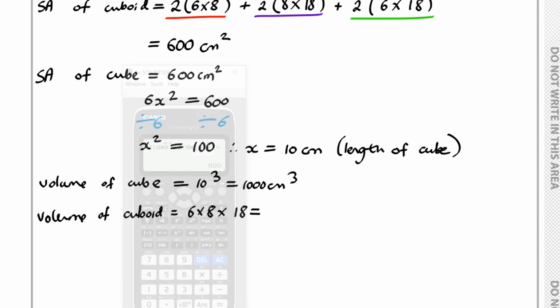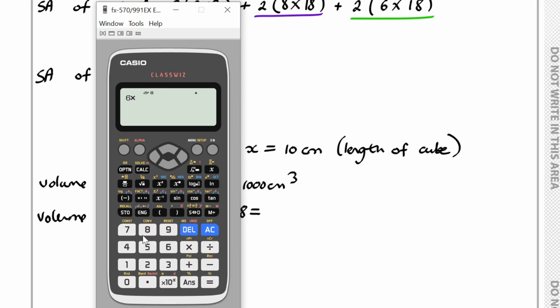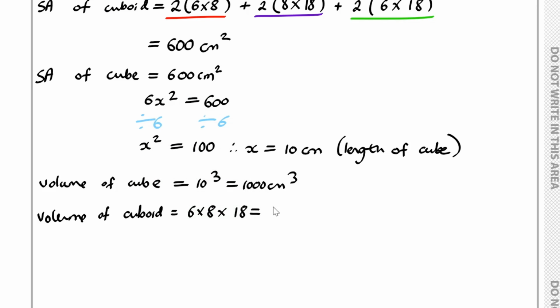So if I work this out, 6 times 8 times 18, you'd find that to be 864 centimeters cubed. And clearly these are not equal, and therefore this person is incorrect.